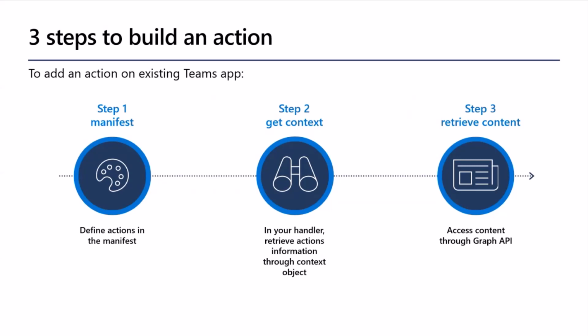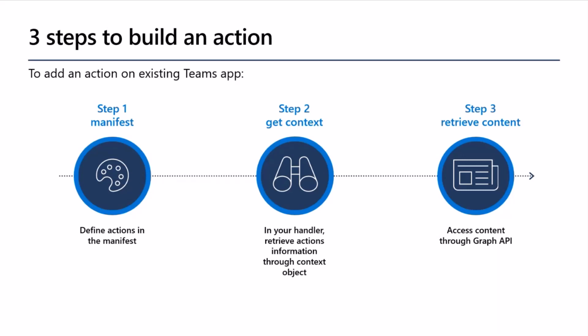Building an action is very easy, and if you already have a Teams app built, it takes less than an hour to add an action to it. So, 3 simple steps to build an action. Step 1, you will just add to your manifest. In your current manifest of the Teams app, you're going to define an actions node as a simple JSON payload.